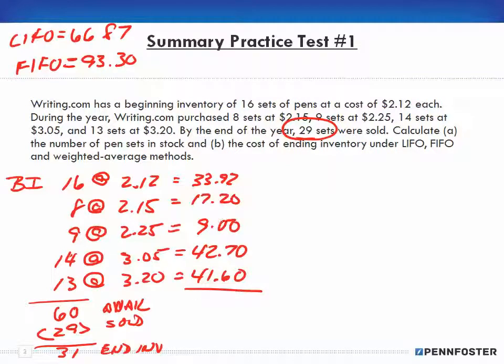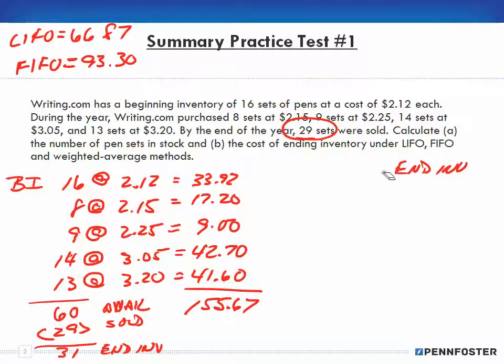So we're going to add up all of these, and that gives us 155.67. So remember, for the weighted average method, we want to come up with a dollar per unit that we can use, as an average. So it's an average dollar per unit that we're going to multiply against whatever is in our ending inventory. Okay, so it's basically just smoothing the data out.